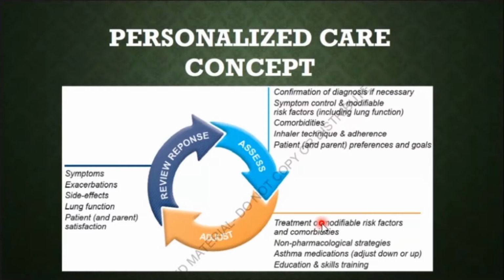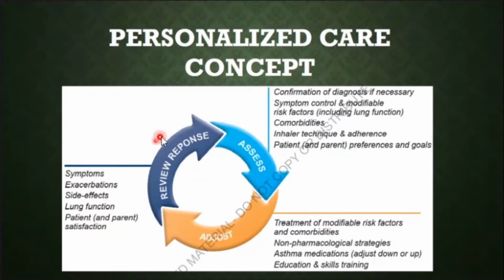Okay, you may add on your non-pharmacological strategies, such as educating them on the importance of avoiding secondhand tobacco smoke, quitting smoking, making sure that they remove any sources of dust from their houses, making sure that they stay away from pets and all that. So all this education comes in the adjustment part. Then of course you review. So it's an ongoing cycle.